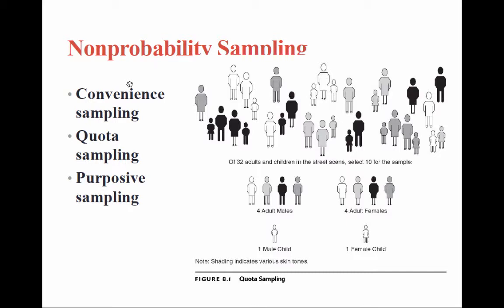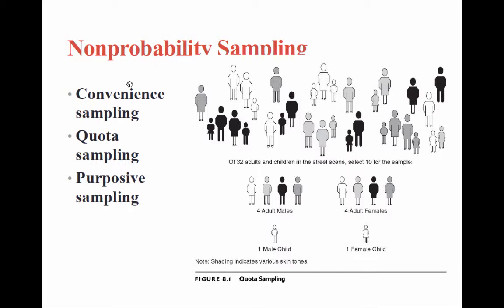In quota sampling, what we're doing is we're taking a non-random sample where the researcher is identifying the categories, and then with those categories of the types of individuals that they want to talk to, they're trying to make sure that they have a certain number in each category.